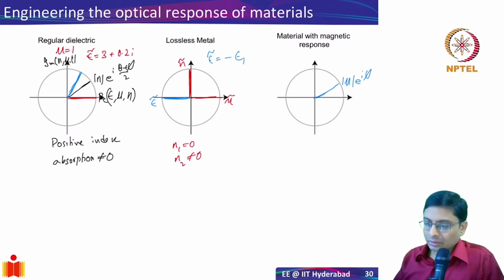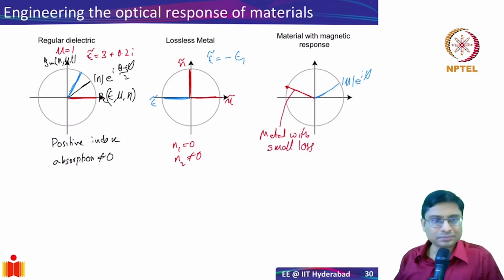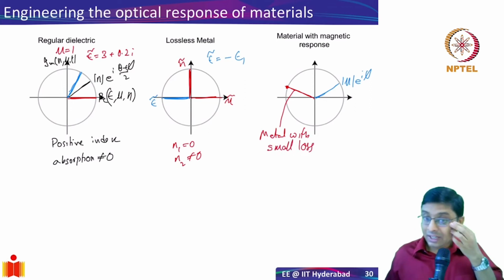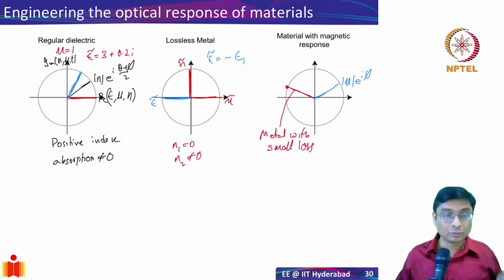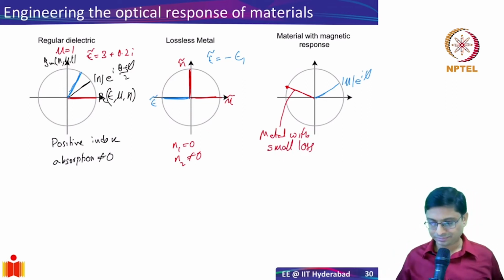So now I can talk of, let's say, some epsilon. Let's say my epsilon is in this form. You have a material which is a metal with small loss. I have this scenario. If I have this scenario, what will be my refractive index?